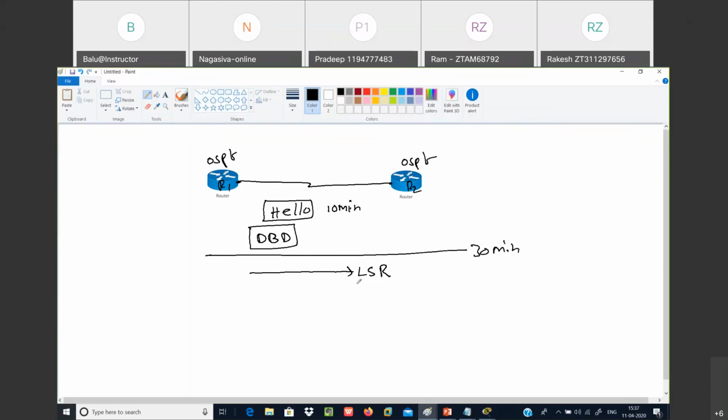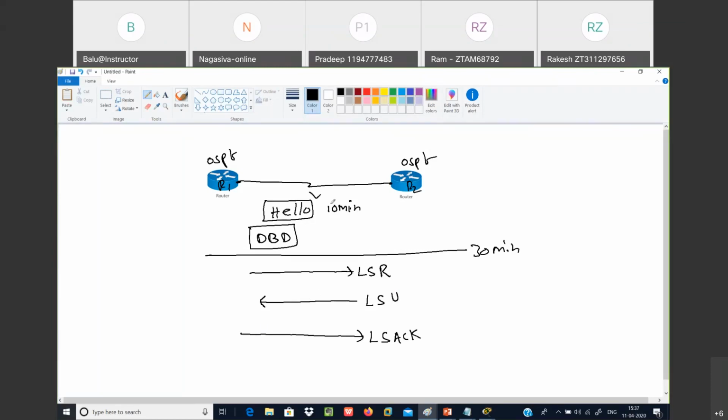Now R2 is going to reply with an LSU, link state update. It's giving update information. Once the LSU packet is exchanged, R1 will send one more packet to R2, that is link state acknowledgement, LSACK.